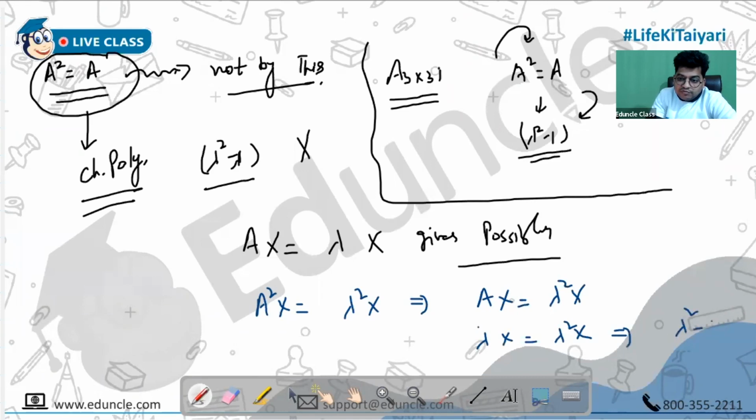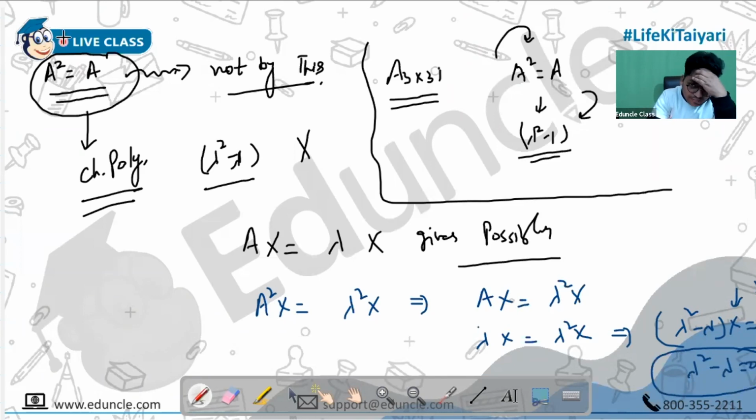It implies lambda square minus lambda of x equal to 0. x is non-zero. Lambda square minus lambda is 0. If lambda square minus lambda is 0, it means you have lambda is equal to 0 or 1.